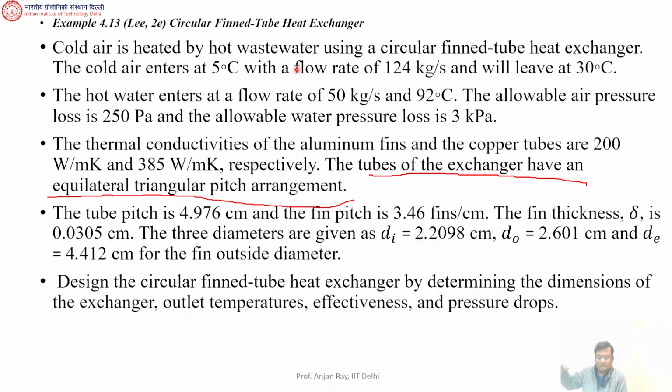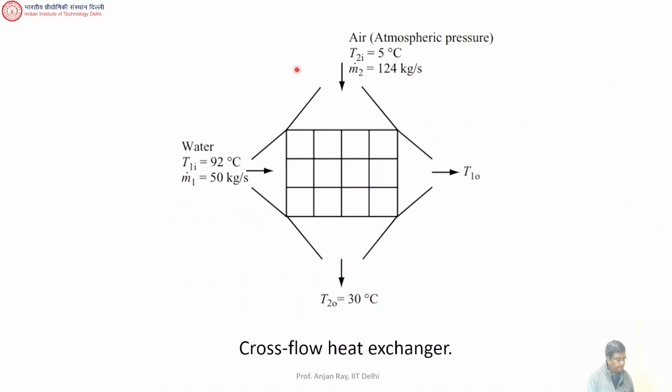Like there is some process in some factory, so there is some water coming out which is heated, which is not being used. So they are thinking that, okay, cold air can be heated using the internal energy of that wastewater. So that's the idea.